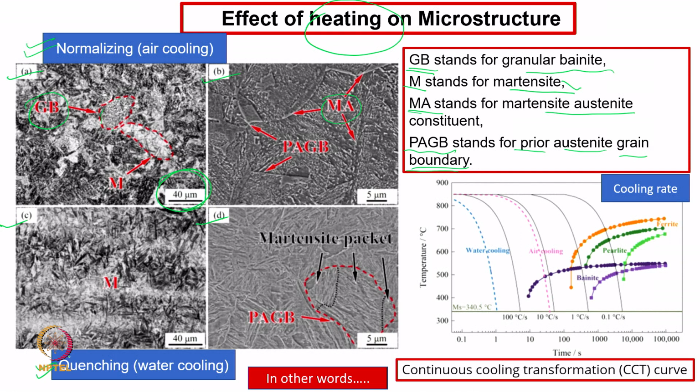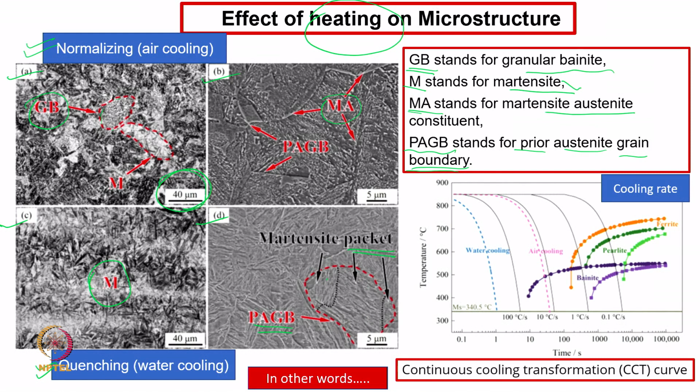So, there are two processes: A and B are related to normalizing, and C and D are related to quenching. In the case of quenching, we find the matrix of martensite in greater detail, and even in this case the PAGB is also there, but one PAGB contains maybe 1, 2, 3 or 3 to 4 martensite packets.